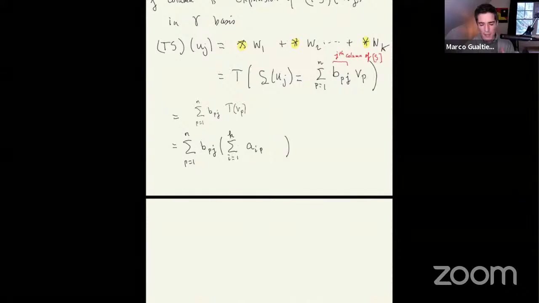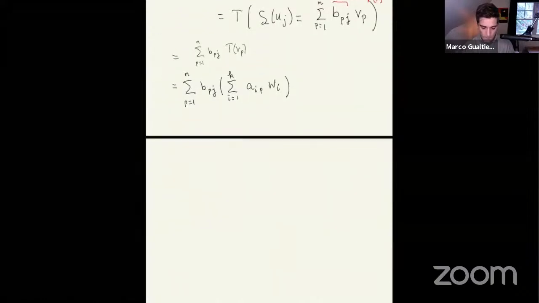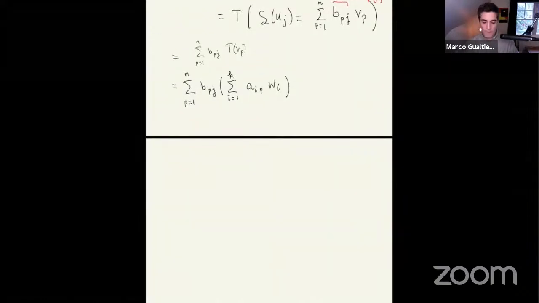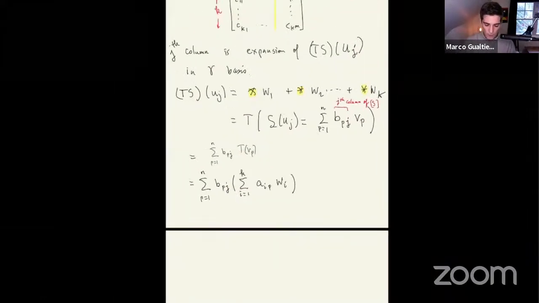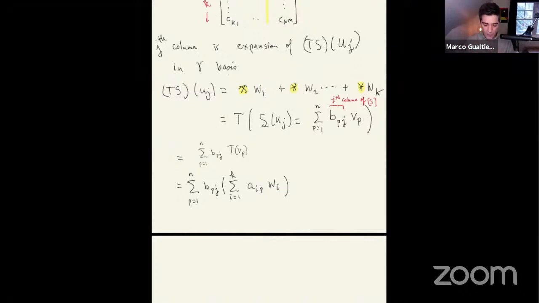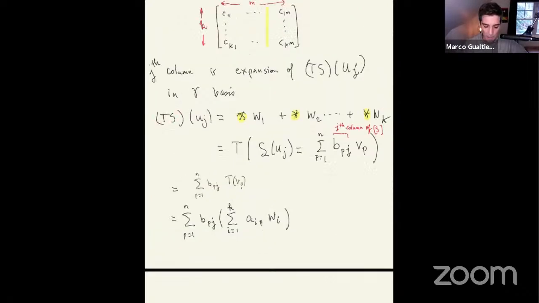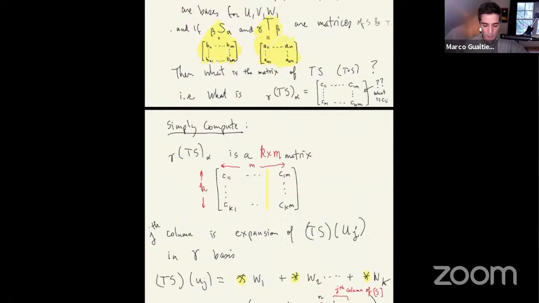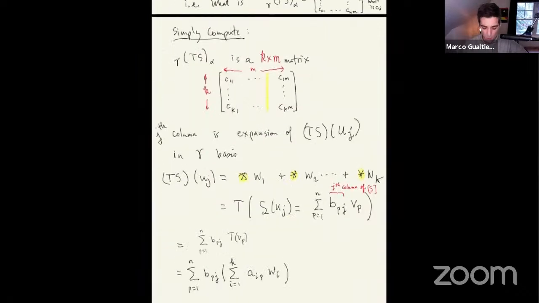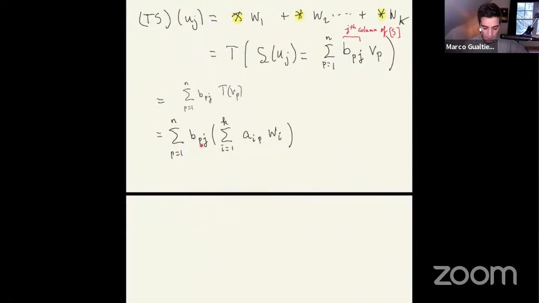The final basis has a name, which is Wi. It's important to get used to these indices, but the important thing should be clear. When I try to figure out the matrix entries of TS, the A's and the B's are going to appear, because the A's are the matrix of T and the B's are the matrix of S. So of course they're going to have to appear in the answer. So here they are.